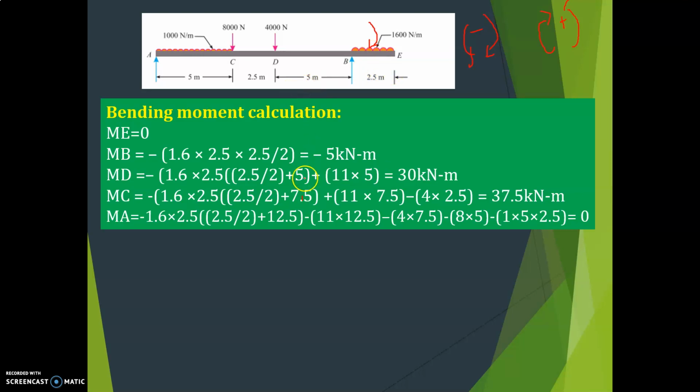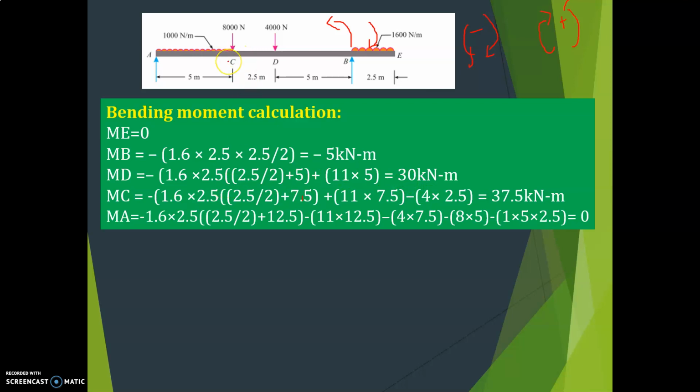That is why I have written it like this. Then at D only, one more, this is the reaction RB that is acting in this direction, so that is plus. So plus RB is 11 into 5, till D it is 5. Simplify, you get 30 kilonewton meter.